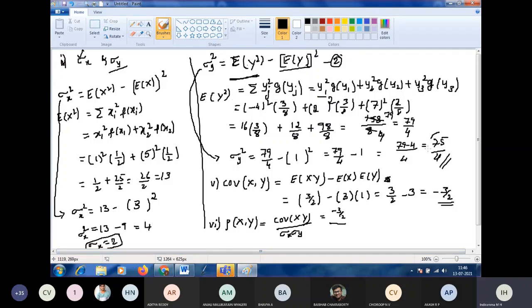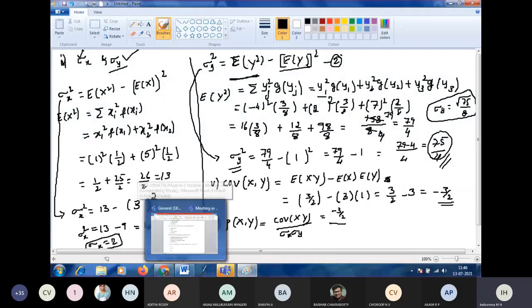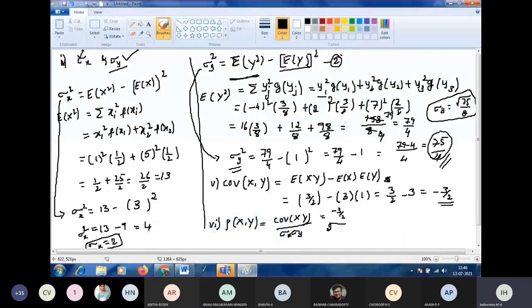Square root of this I should take now. Sigma y square I got, but what I want? Sigma y. Sigma y is equal to square root of 75 divided by square root of 4, which is 2. Root 75 by 2. Sigma x we got as 2. 2 into root 75 divided by 2. 2 cancel. That is minus 3 divided by 2 into root 75.